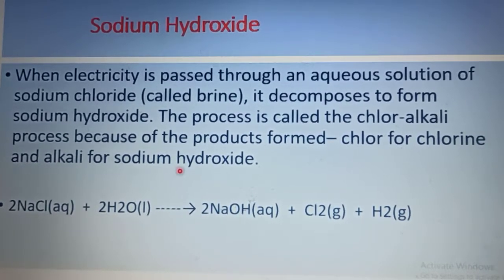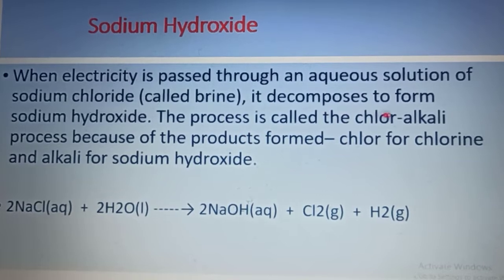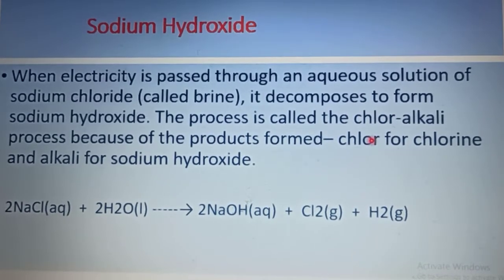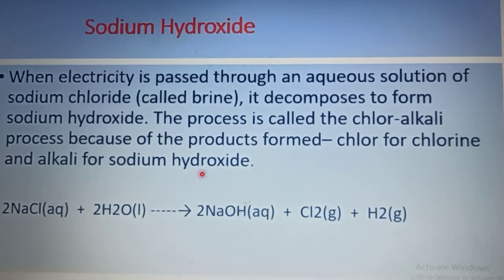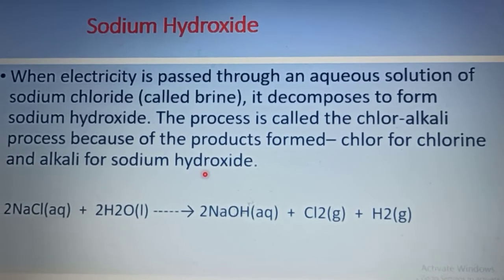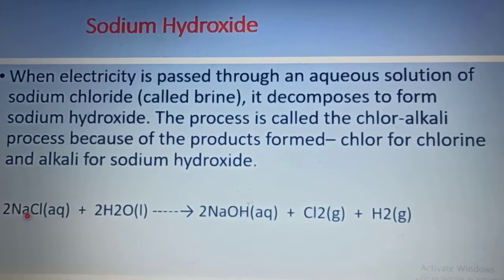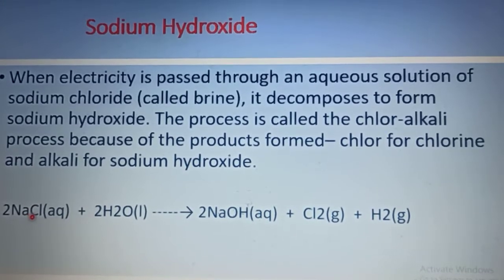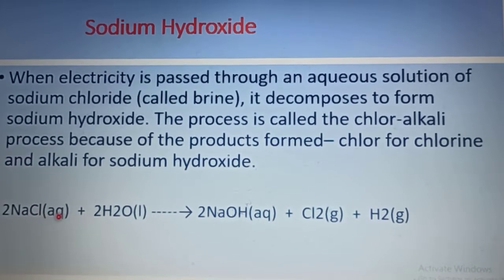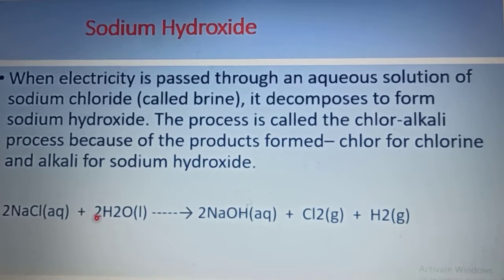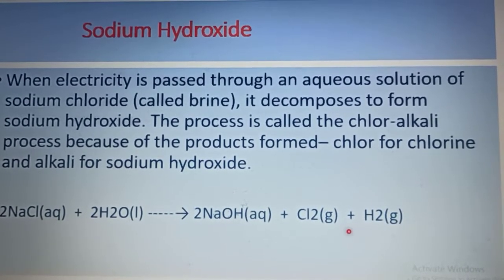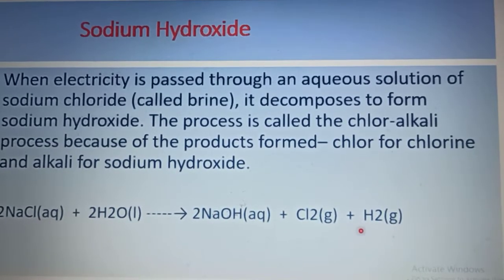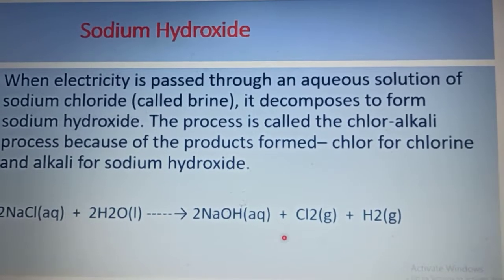So always remember why the process is called the chlor-alkali process, because chlor for chlorine and alkali for sodium hydroxide. And the reaction which takes place here is sodium chloride, its aqueous solution, meaning the solution is in water, and it forms sodium hydroxide plus chlorine plus hydrogen. So this is the reaction.